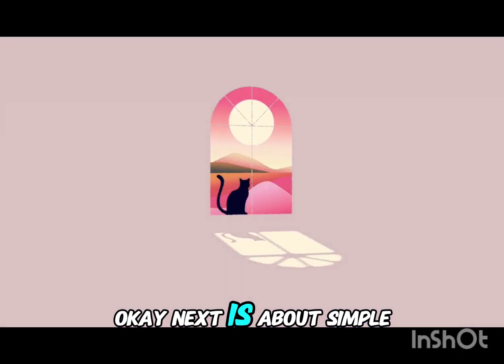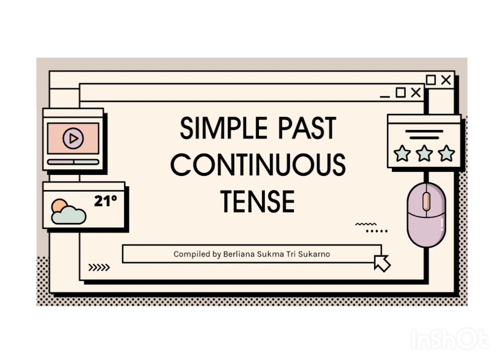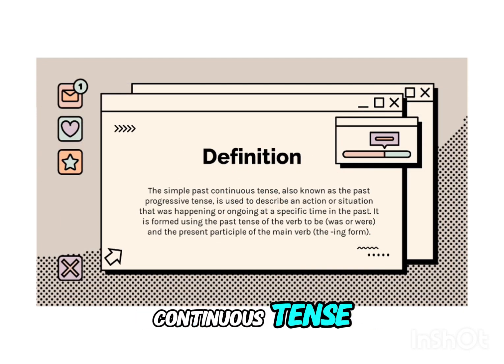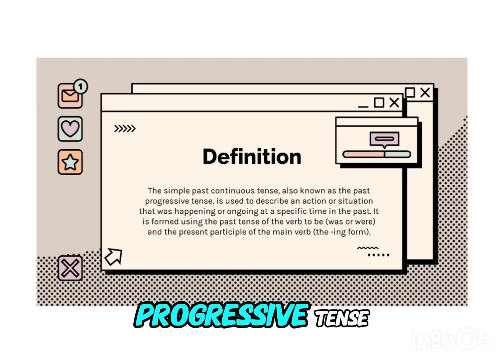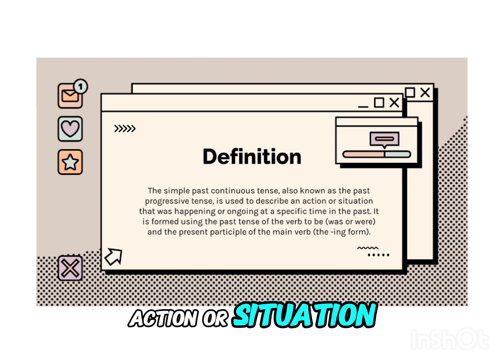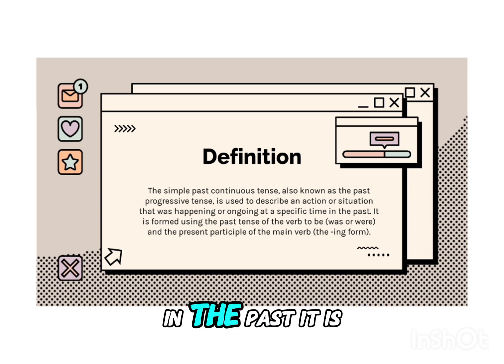Okay, next is about the simple past continuous tense. As we know, the simple past continuous tense, also known as the past progressive tense, is used to describe an action or situation that was happening or ongoing at a specific time in the past.